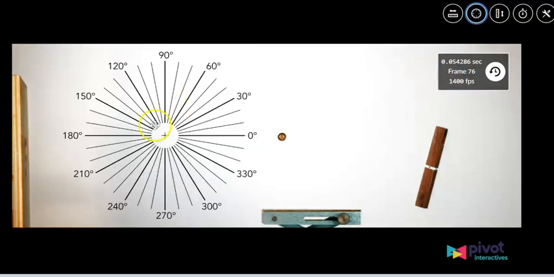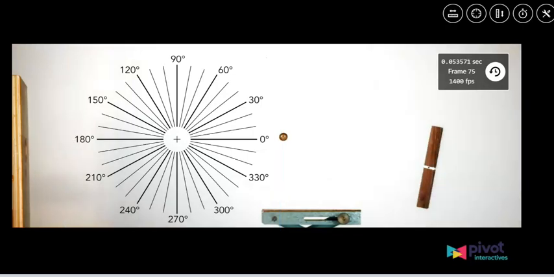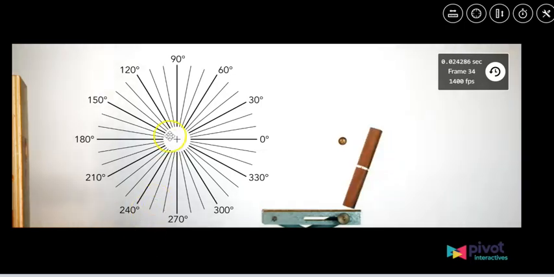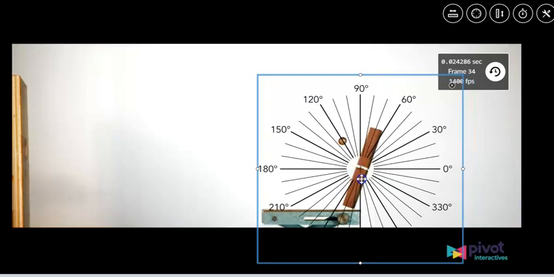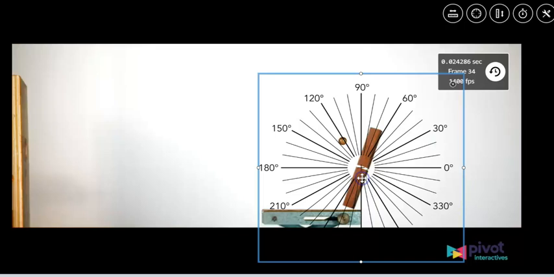So we want the protractor. We're going to go back here, and you're going to put the protractor at the center of mass, and you are going to read the angle.